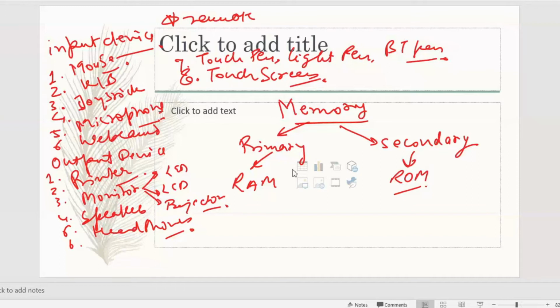PROM, EPROM, E square PROM and flash, and flash के बाद एक और है SSD. Okay. So चलो इसकी क्लासिफिकेशन बहुत लंबा हो जाएगा. Let's move further to the next topic.